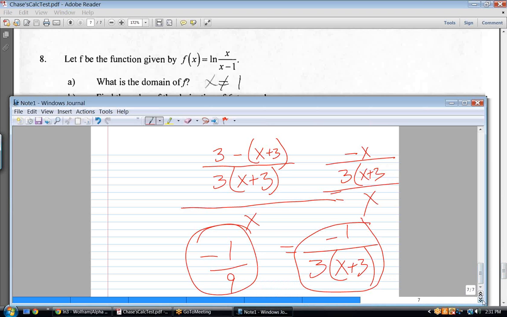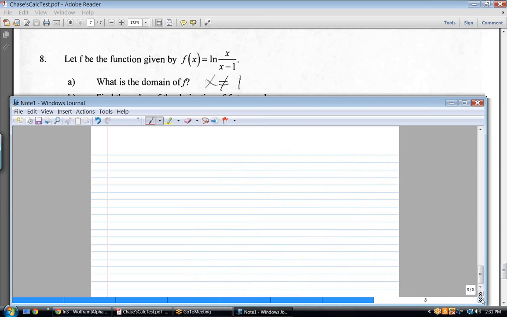again, just like the radical, we can say that whatever is the argument of the natural log has to be greater than or equal to 0. So I can say that x over x minus 1 has to be greater than or equal to 0.